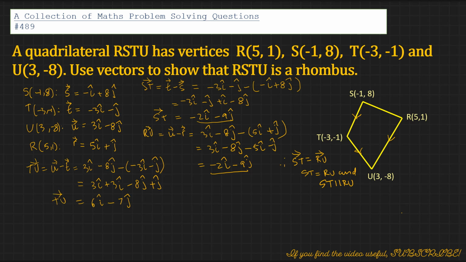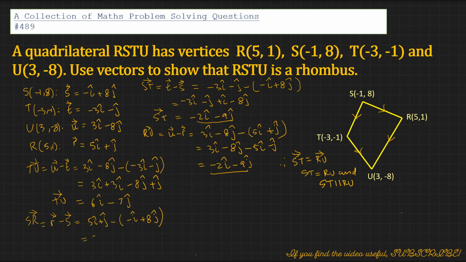Now I have to find SR to see if they are equal and parallel. SR would be R minus S. R is 5i plus j, minus S, so minus of (-i plus 8j).